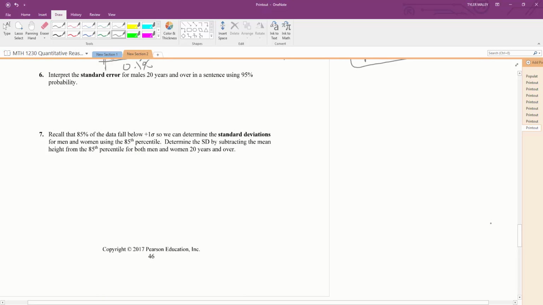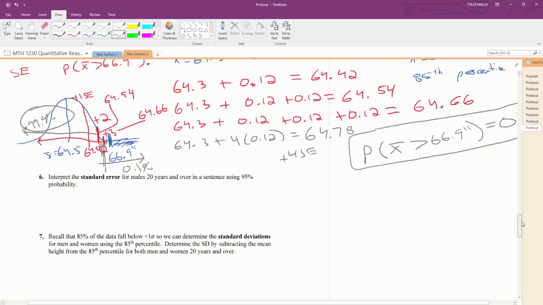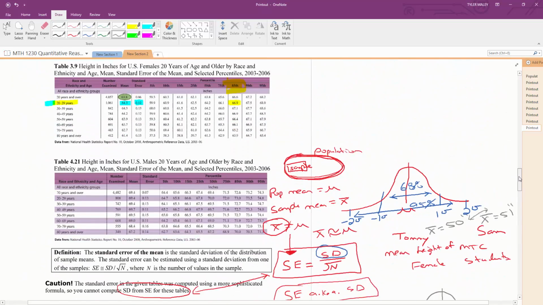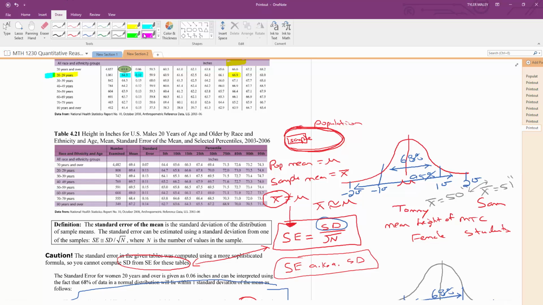Then number 6 is interpret the standard error for males 20 years and over in a sentence using 95% probability. So let's look up at our table. Now we're talking about males, so make sure you pay attention to that.